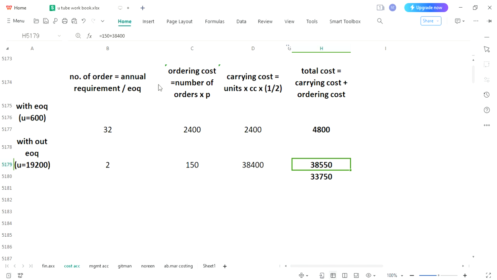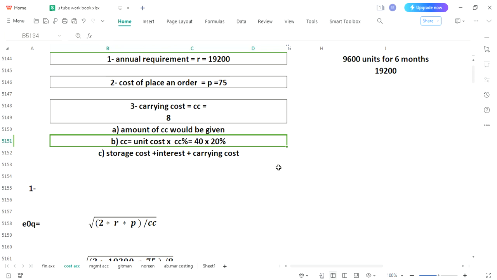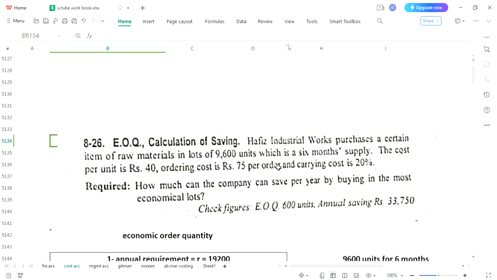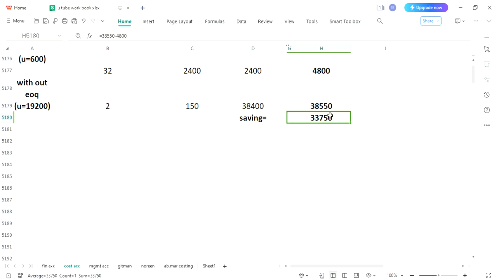You will highlight it. This is your saving, 33,750. Let's get back to the question, and we have our answer as well. For saving, here it has been mentioned annual saving is 33,750, and our answer is also 33,750. In this way, the answer has been matched, and we are highlighting it.